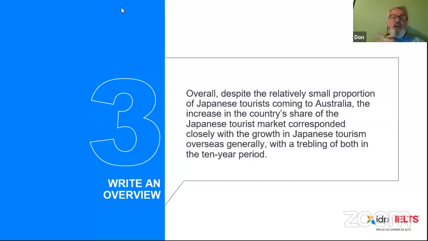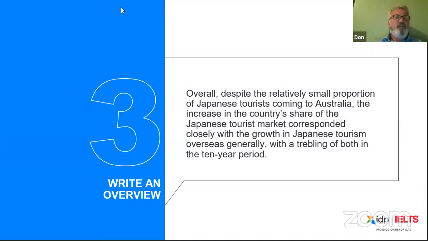This person says overall, which is a good start because it tells the reader, here is the summary. You might use the word summary. In summary, or you might say, to sum up. Despite the relatively small proportion of Japanese tourists coming to Australia, the increase in the country's share of the Japanese tourist market corresponded closely with the growth in Japanese tourism overseas generally.